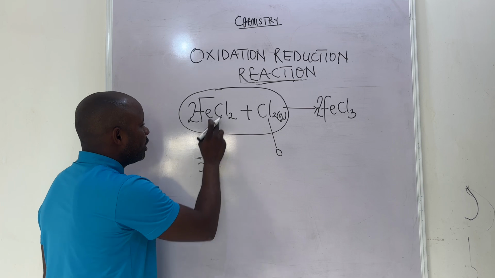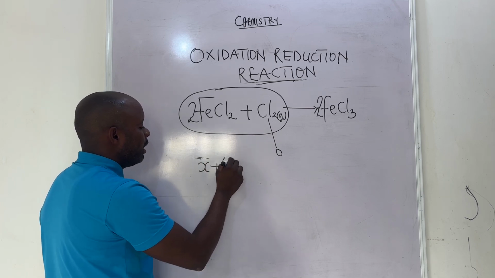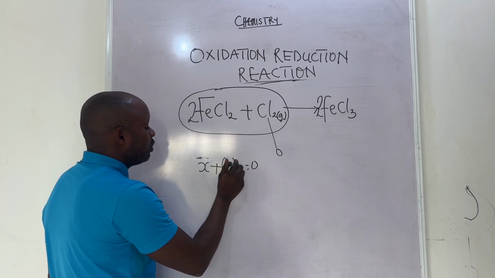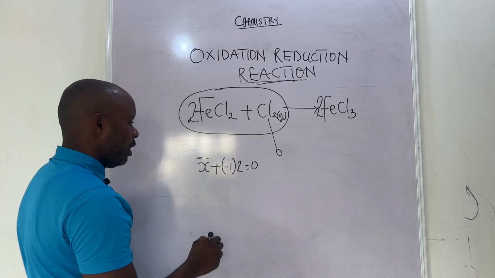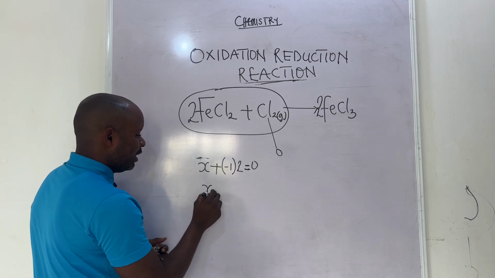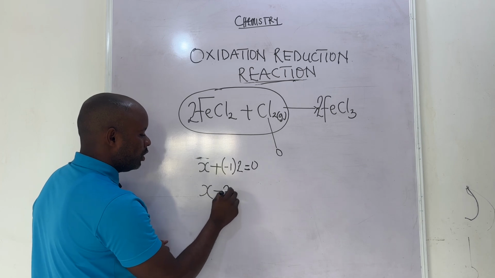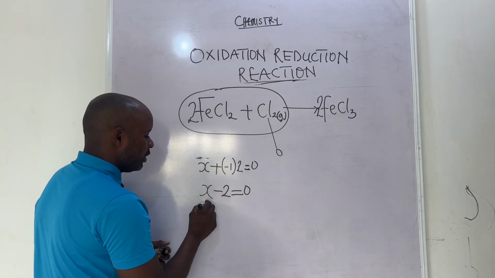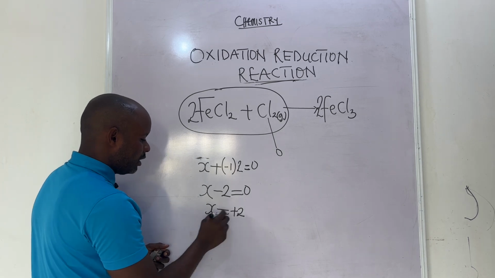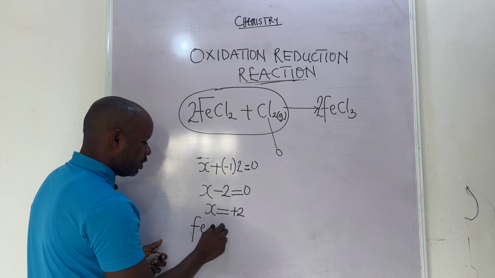We know the oxidation state of chlorine in solution, chloride, is -1, so S plus -1 is equal to 0. Since chloride occurs 2 times, we multiply by 2 is equal to 0. So S plus -1 times 2 is -2 is equal to 0. From here, S is equal to +2. That is, iron here is +2.